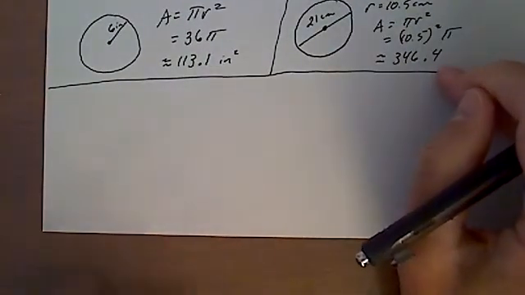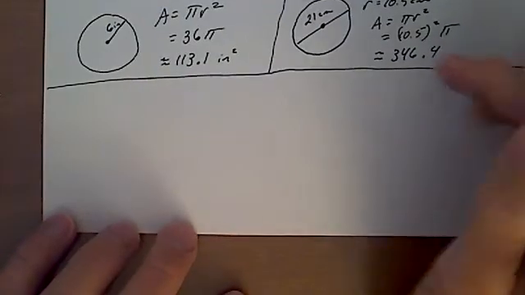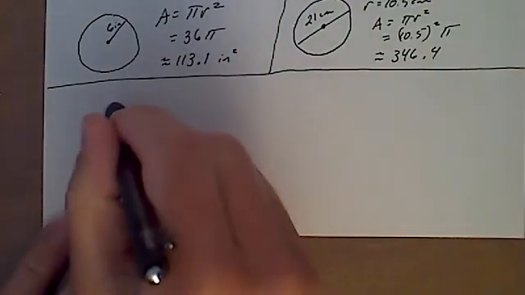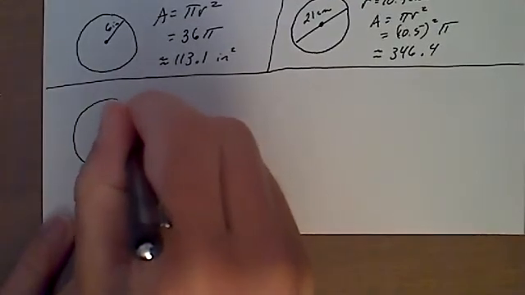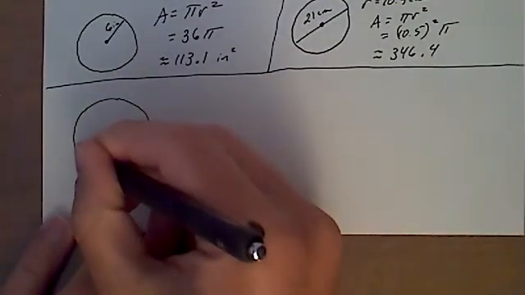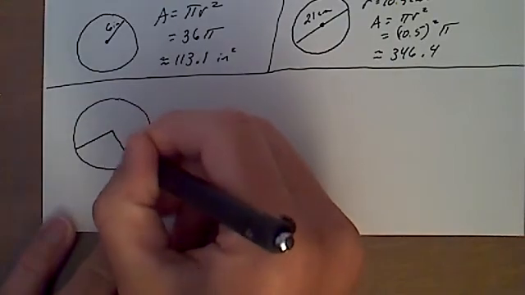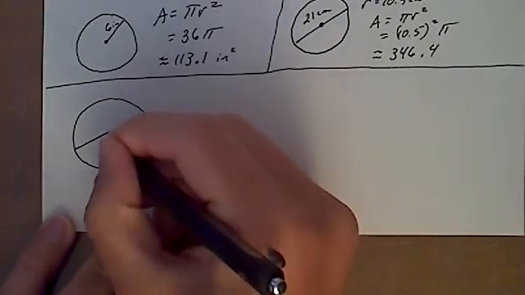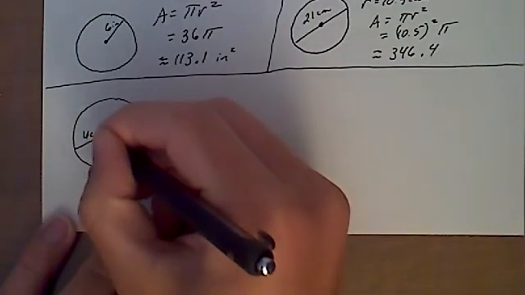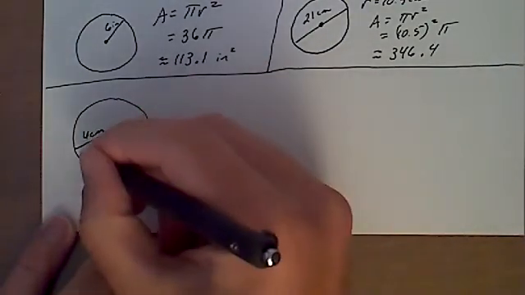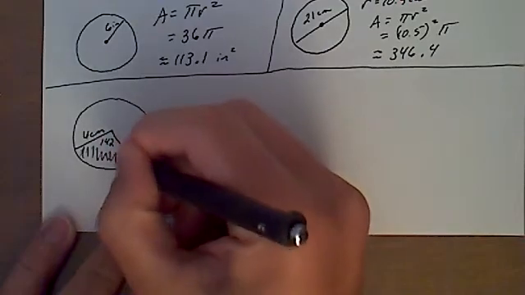All right, just 2 more problems. Both of these are going to be on sectors. So our first one, 142 degrees and 4 centimeters, and we're going to find the area inside this sector.